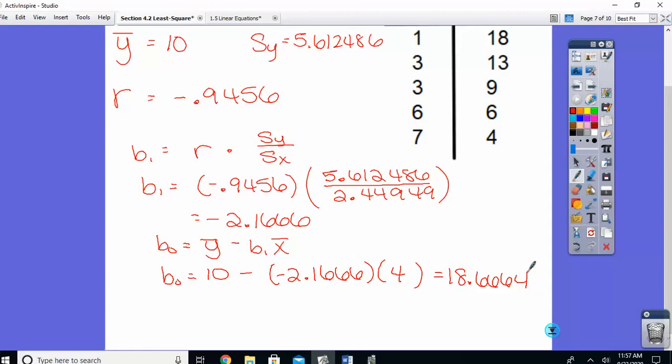Okay, 18.6664. Then our equation, we write y hat equals our b sub 1, negative 2.1666, x plus b sub 0, 18.6664.